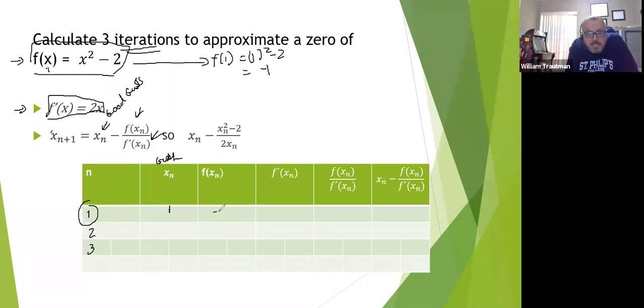So we get a -1 right here when we plug 1 into this function. Then I want to plug 1 into its derivative. Here's the derivative. F prime of 1, 2 times 1, and you get 2.